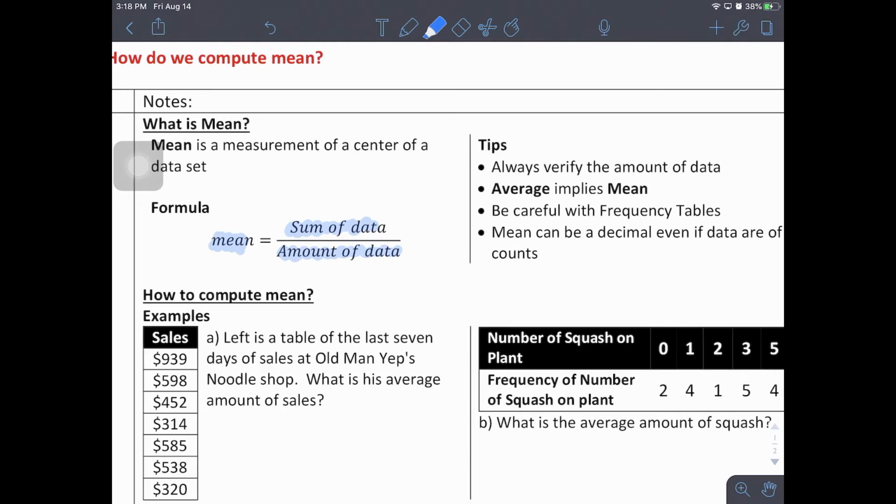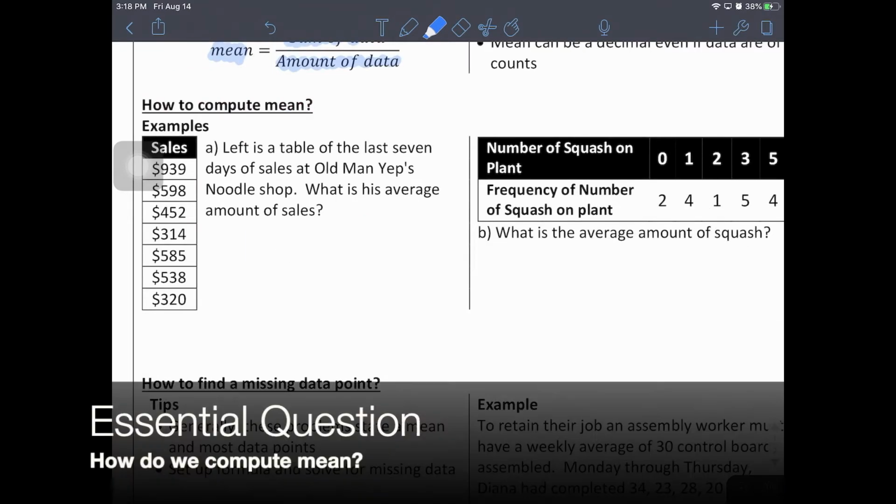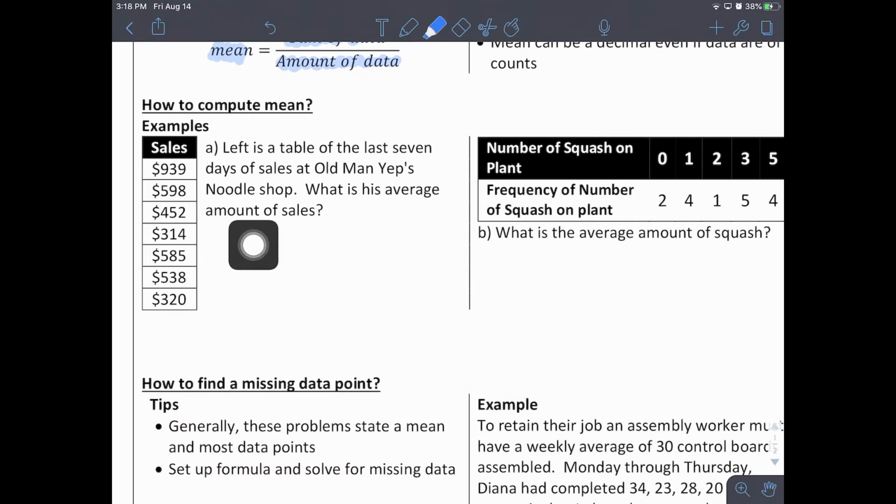How do we compute mean? So we have on the left a table of the last 7 days of sales at Old Man Yup's Noodle Shop. What's his average amount of sales? So we've got 1, 2, 3, 4, 5, 6, 7 days of sales. To figure out that average, all we're going to do is add up this amount and divide it by 7.